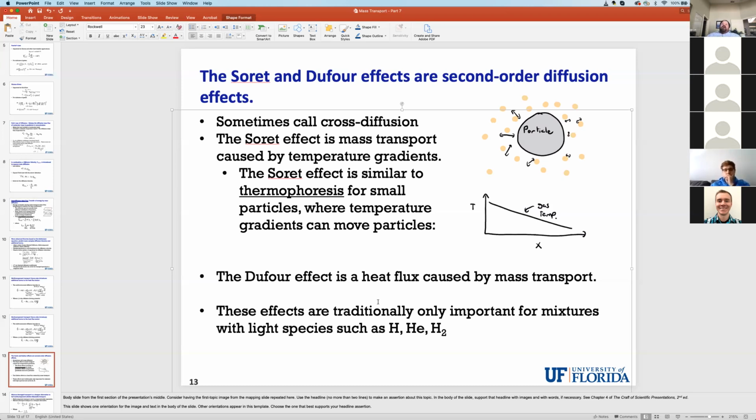But for really high pressure applications, some folks say you do need to include the Soret effect, and some folks don't. But in most cases, it's really expensive to calculate from a computational standpoint. And for most combustion applications, it normally doesn't add very much accuracy. And so you just forget about them in most applications. But if you are studying hydrogen combustion, then it is traditionally included.